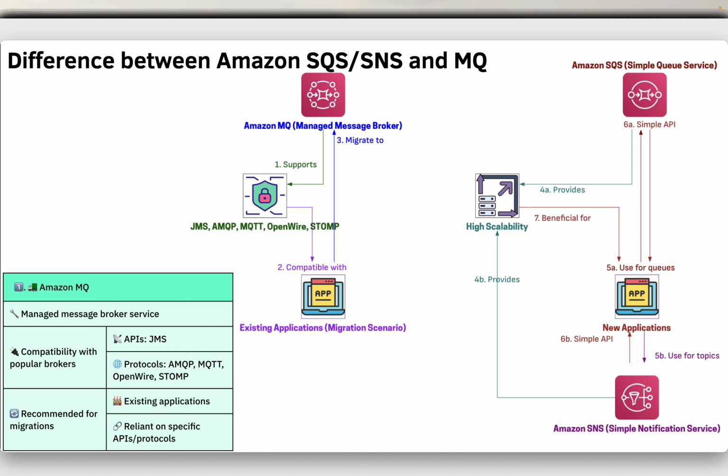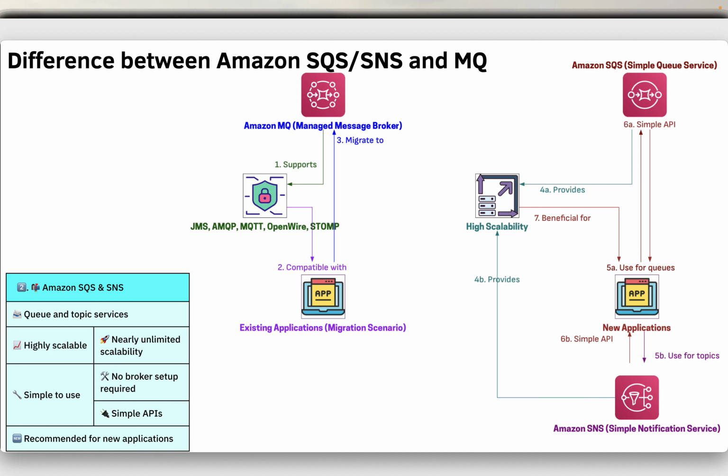It is recommended for migrating applications from existing message brokers that rely on specific APIs like JMS or protocols such as AMQP 0-9-1, AMQP 1.0, MQTT, OpenWire, and STOMP. So if you are already using this software or these protocols, better to stick with Amazon MQ, or if you are migrating from RabbitMQ or ActiveMQ, go with Amazon MQ.